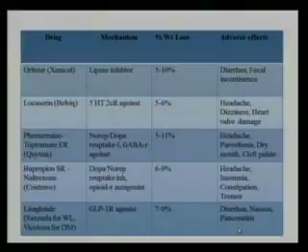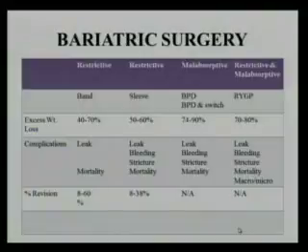All these medications are FDA approved, and all of these medications have a 5 to 10% chance of success for weight loss. Of note, lifestyle modification has a 3 to 5% chance for weight loss in all the patients. What about bariatric surgery? Bariatric surgery is the most efficacious method for weight loss.